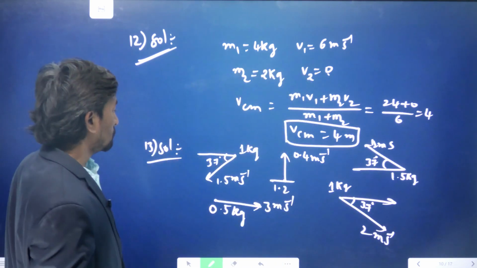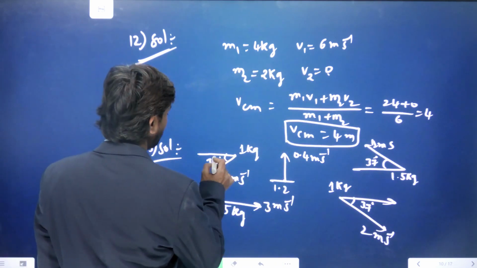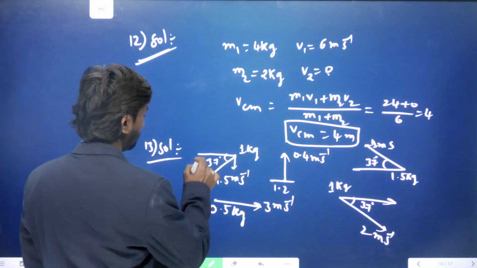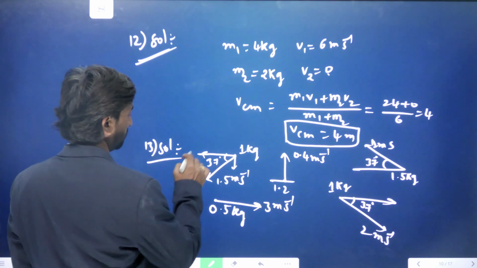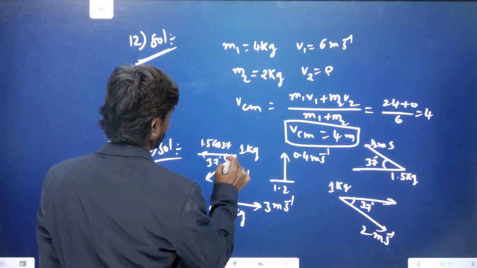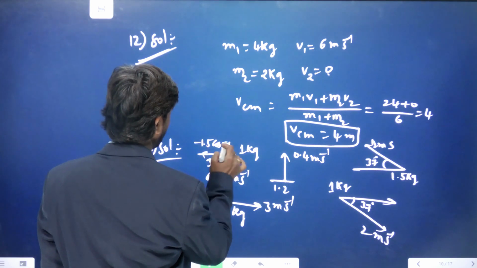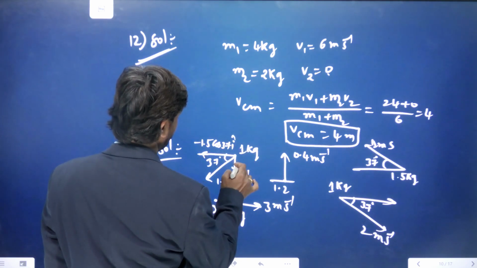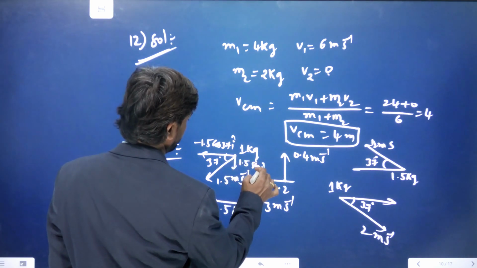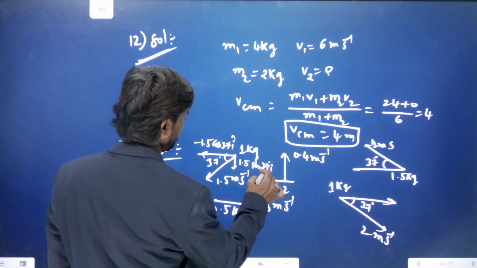Okay. So now here, we should find out the velocity component of the vector. This will become 1.5 cos 37 along minus i cap, and 1.5 sin 37 j cap.